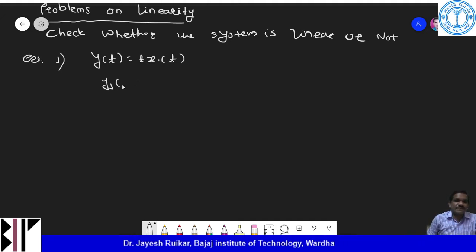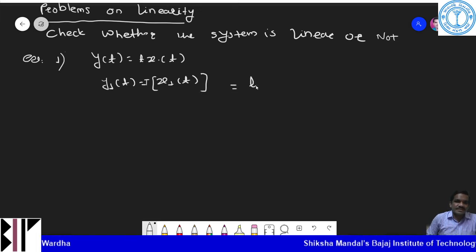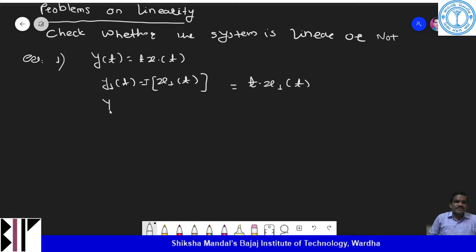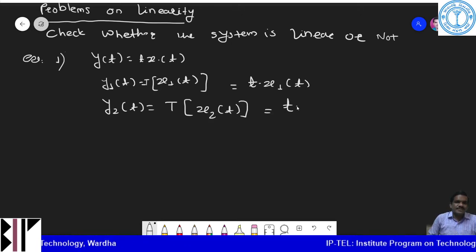Let us say y1 of t is the transformation on x1 of t, which is nothing but t times x1 of t. Y2 of t is the transformation of x2 of t, which is equal to t times x2 of t.